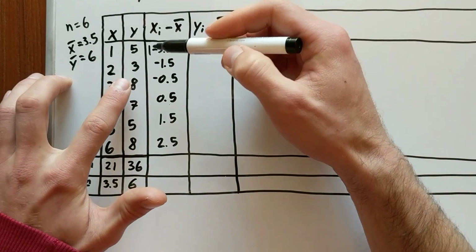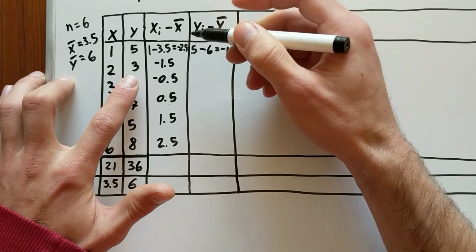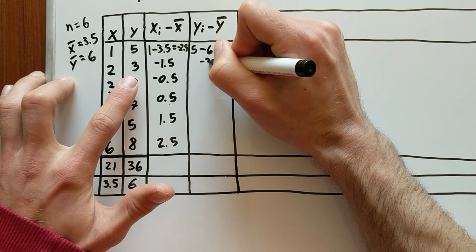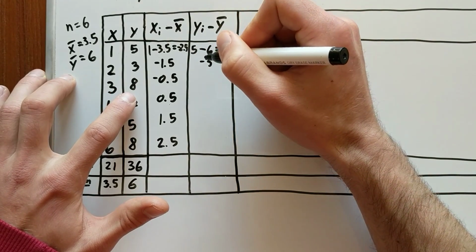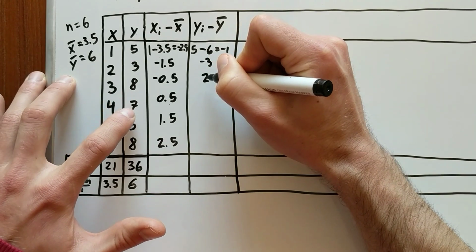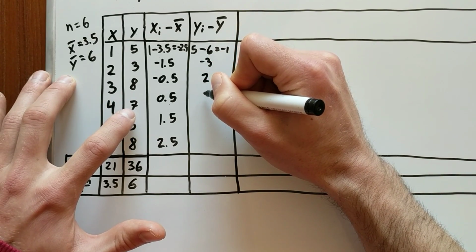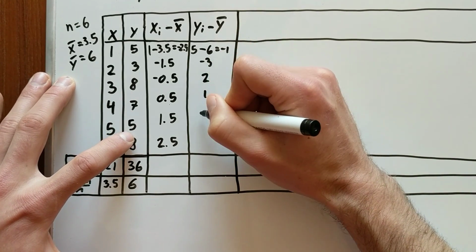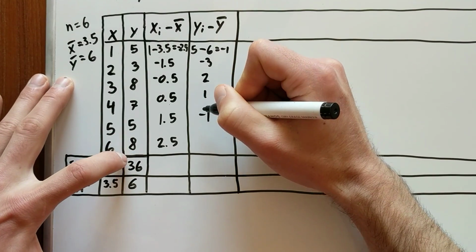Now 3 minus 6 is going to be minus 3. 8 minus 6, 2. 7 minus 6, 1. 5 minus 6, minus 1. 8 minus 6, 2.